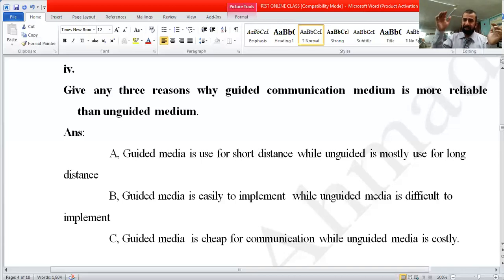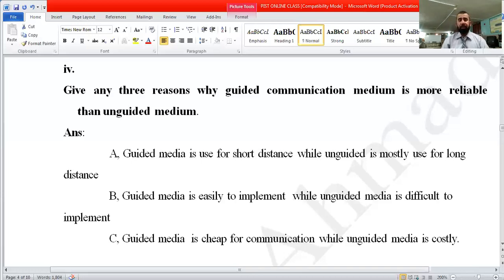Why? Because in unguided media, there is a gap between the satellite and the dish antenna, so the raindrops come and disturb your network. So that's why unguided media is not more reliable than guided media.